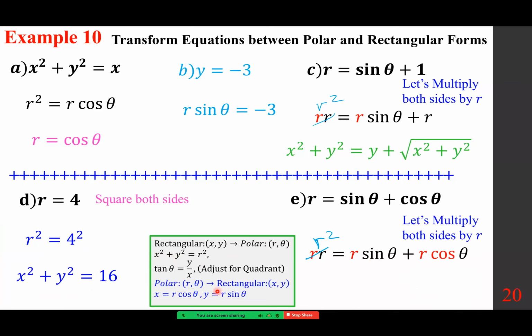What is r sine theta? Y. What is r cosine theta? X. And by the way, everything can be moved to the left. Do completing the square and figure out what you have, which is a circle, and you figure out the center as well as the radius.